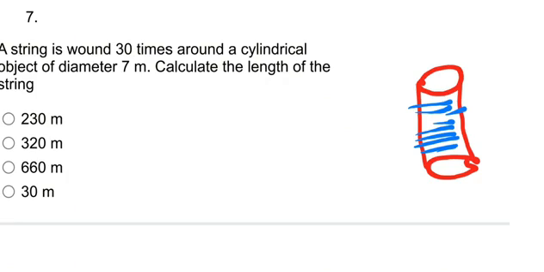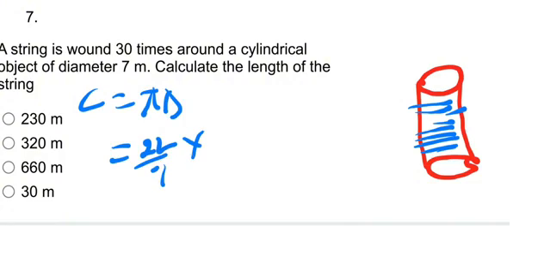So we need to find the circumference of the circle. The circumference of a circle is 2 pi r or pi d. In this case, you're given the diameter, so we make use of d. So circumference is equal to pi d, which is the same thing as 22 divided by 7 multiplied by the diameter, which is 7. 7 cancels 7.